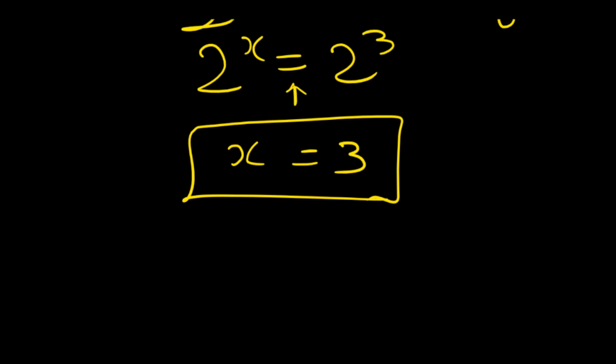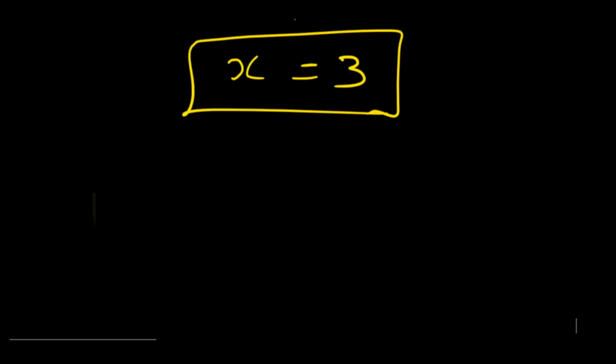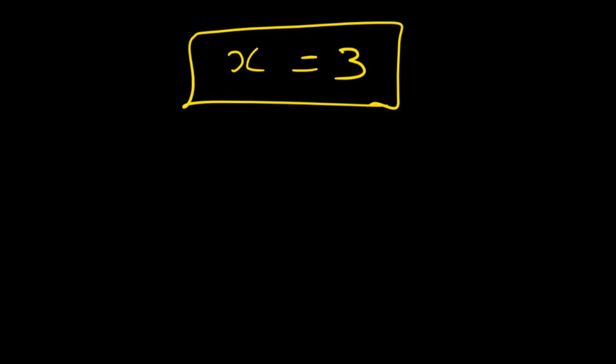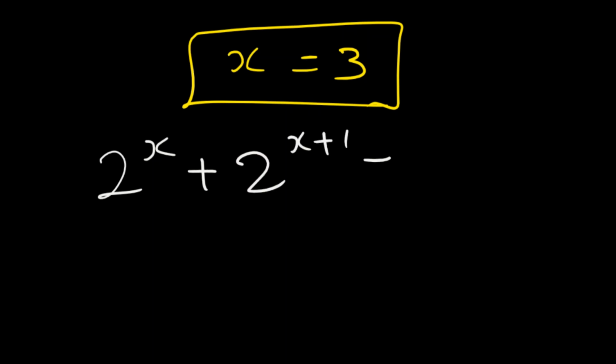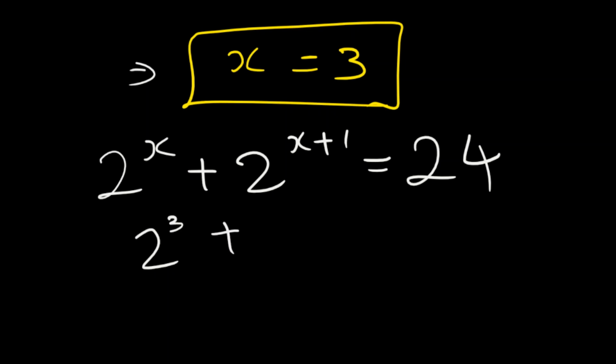As I always say, please check whether your answer is correct. It's really nice to check because it confirms whether your answer is correct. Hence, you don't need to be looking at the back of your book, because you know how to check. So the answer is x equals 3. Substitute it. Where there's x, put 3: 2 to the power of 3 plus 2 to the power of 3 plus 1 equals 24.